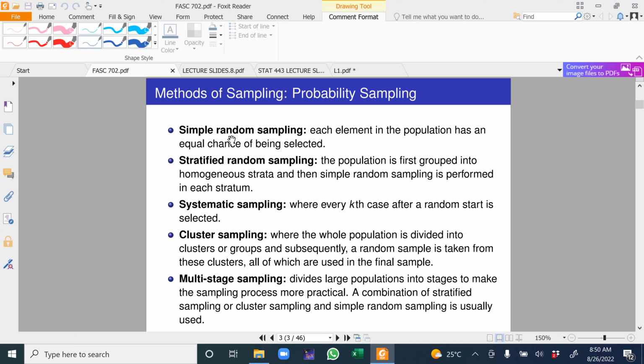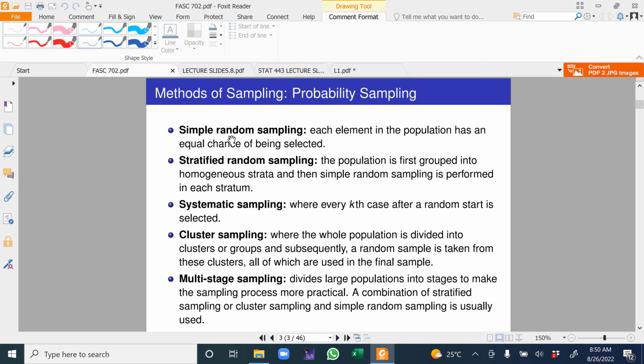If the units in your population are heterogeneous, you'll be required to pick a very large sample in order to incorporate the most important features into the sample.